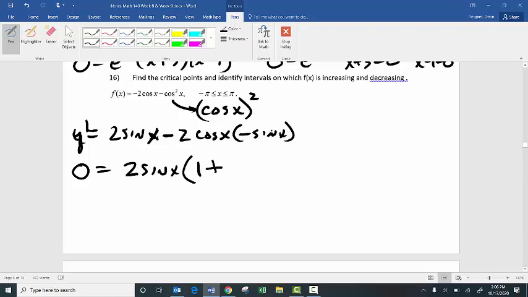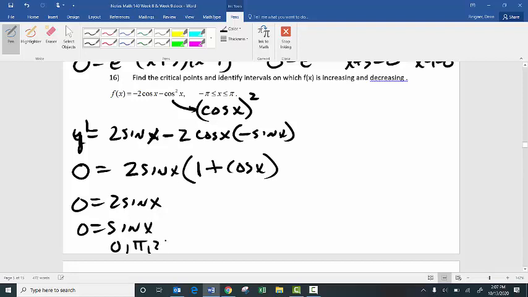And then we took a 2 sine out, so the only thing left is a cosine here. So then you set each of these equal to 0. So that's that one. Divide by 2, and you still get 0. So sine is 0 at 0, pi, 2 pi, and -pi, and so forth and so on.